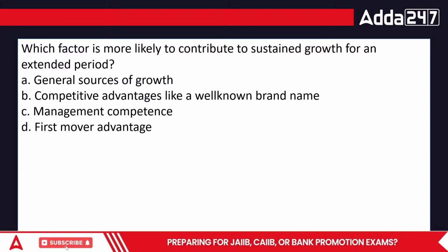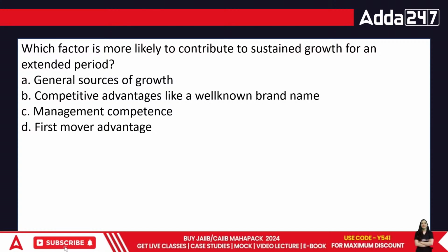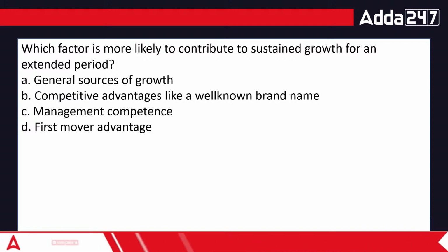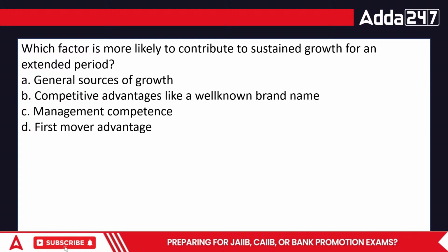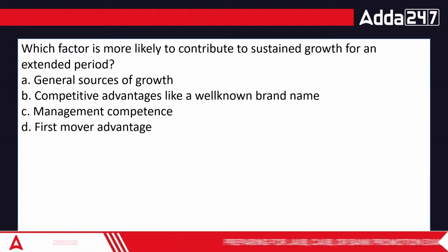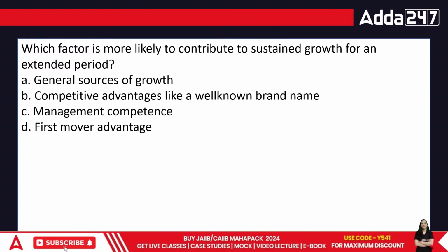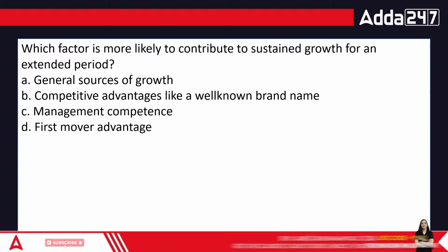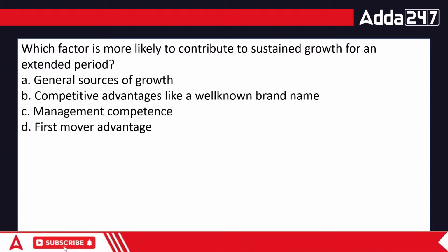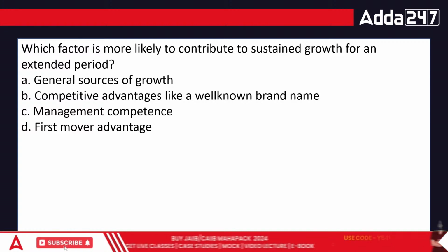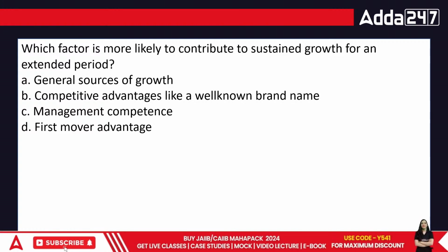So let's take another example. General sources of sustained growth for an extended period. Acha, everyone, do you know Nike is still going on? First point which I would definitely go for is the specific case where we talk about Nike's brand. The brand is so good.